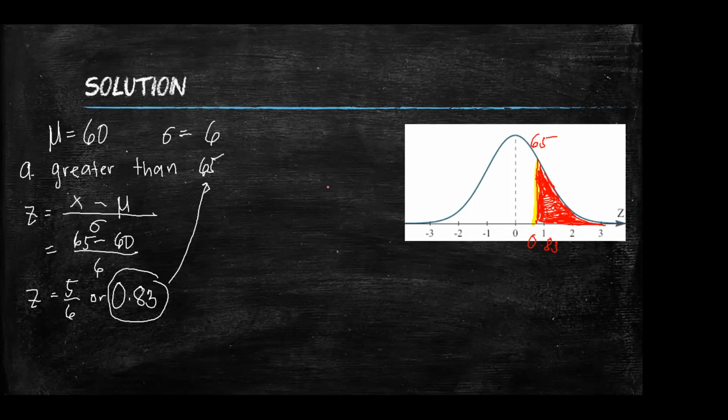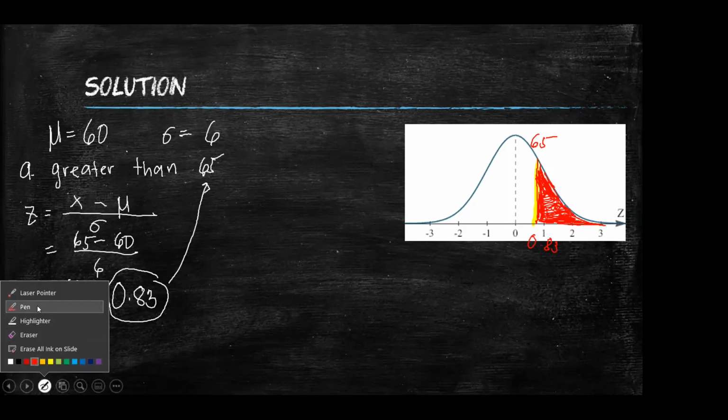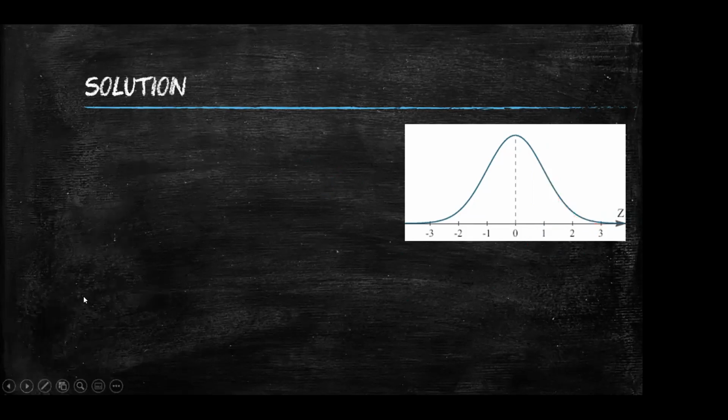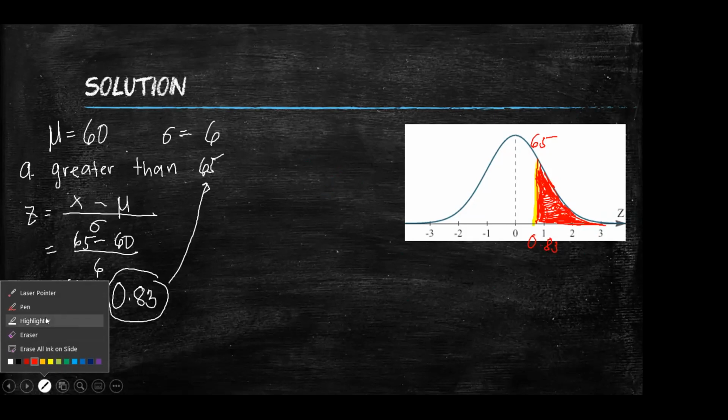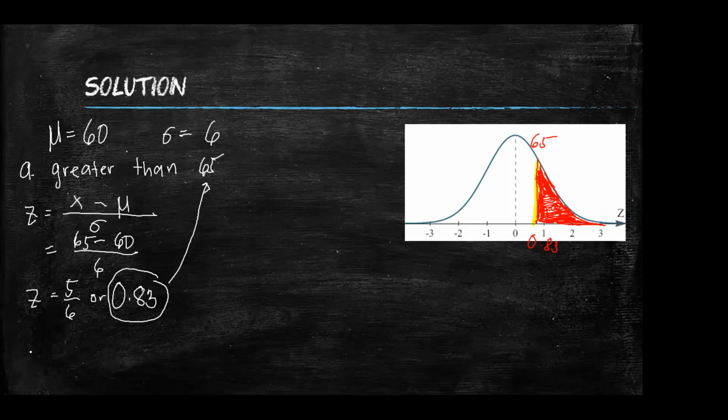Okay. So the next step is to find the area under the normal curve na katumbas ng 0.83. So ngayon class, gagamitin na natin yung table. Hanapin kung ilan yung value ng 0.83. 0.2967 po.